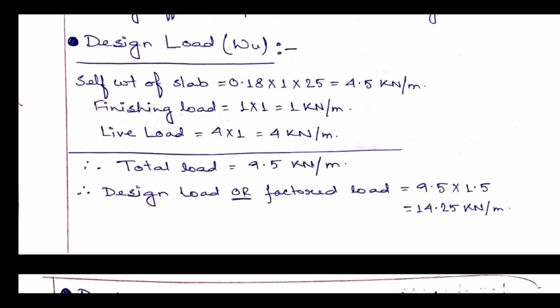Self weight of slab is equal to 0.18 into 1 into 25, that is 4.5 kilonewton per meter. 0.18 means 180 mm, the overall depth we have considered, multiplied by 1. 1 is, we know slab is always designed as 1 meter width of beam, and 25 is the unit weight of RCC. So self weight of the slab is 4.5 kilonewton per meter.